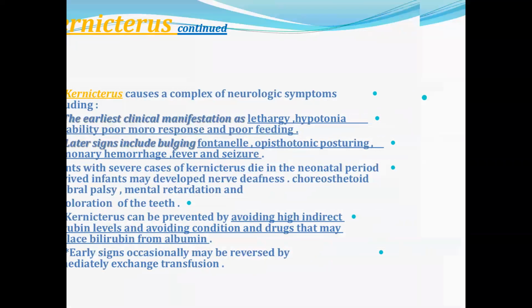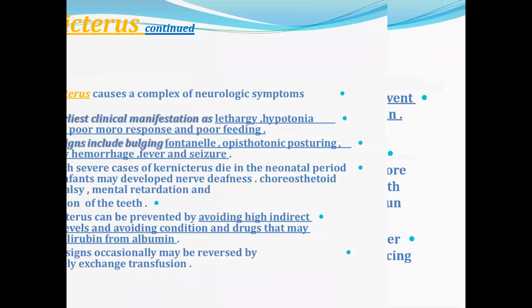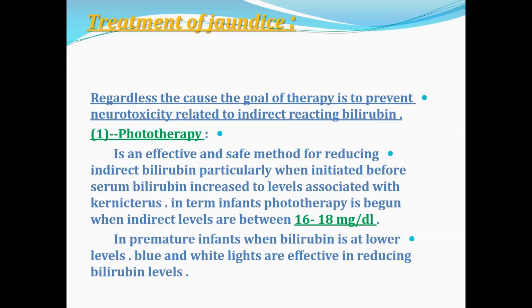Treatment of jaundice. Regardless of the cause, the goal of therapy is to prevent neurotoxicity related to the indirect reacting bilirubin. So it is important to keep this in mind. This is our main job. We start with the simplest type of therapy.